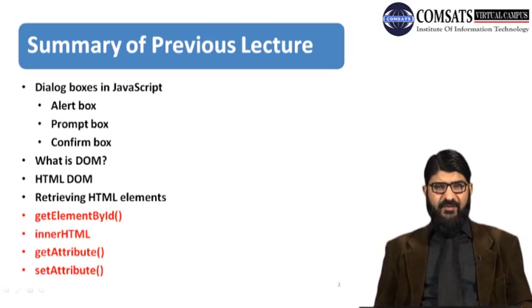There are different HTML elements which we need to process with the DOM model. Let's see the most common methods for retrieving the HTML elements to be processed with the DOM model in JavaScript.